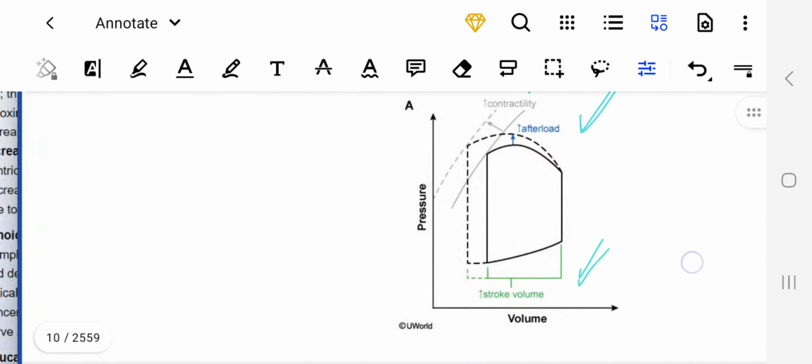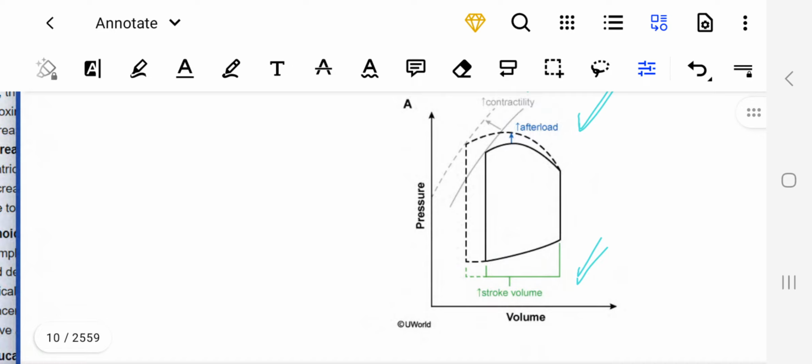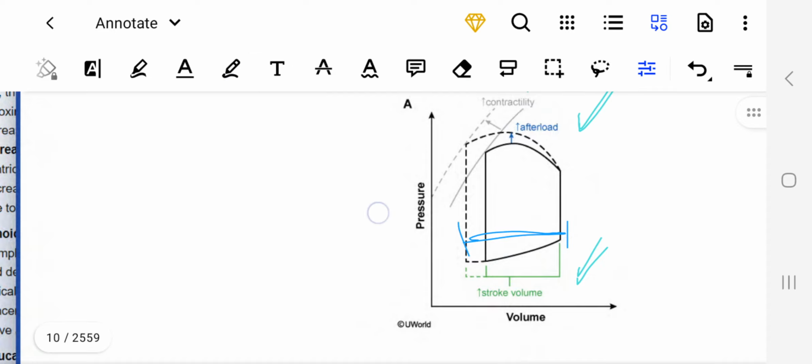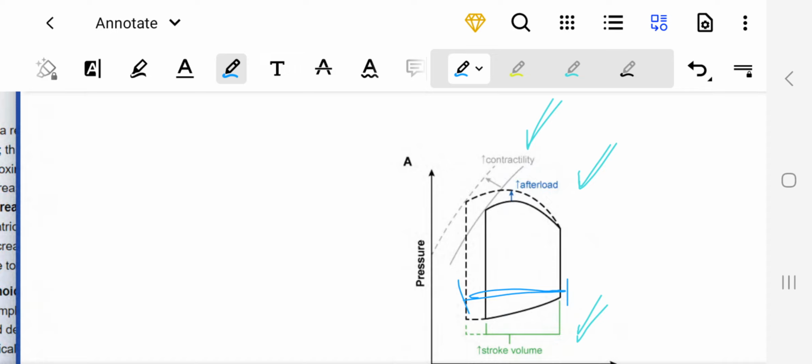This one is important. The stroke volume is increased because it is the difference between end diastolic volume and end systolic volume. The afterload is a little bit increased, right? And with that the contractility is also increased because dobutamine and digoxin are the drugs which increase heart contractility, right?